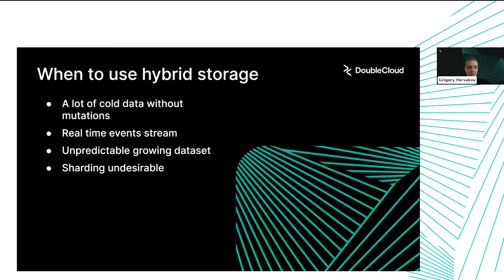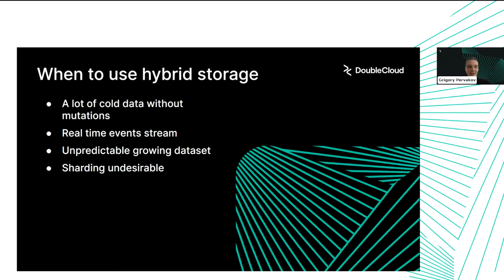If your data set grows too fast or unpredictably, hybrid storage could help you avoid write downtime due to lack of disk space. So this increases stability on data amount spikes and helps you work with your cluster without problems.